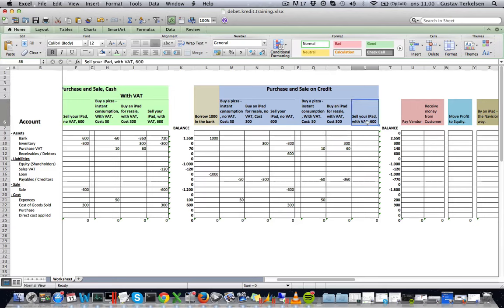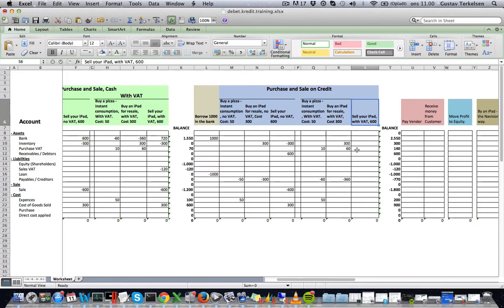So in this next transaction, we are going to sell the iPad with VAT for 600. But this time we're not going to expect the customer to pay us right away. In fact, we tell him that we are happy with receiving the money further down the road, maybe in a month or so. So we sell him this iPad and deliver the iPad to him.